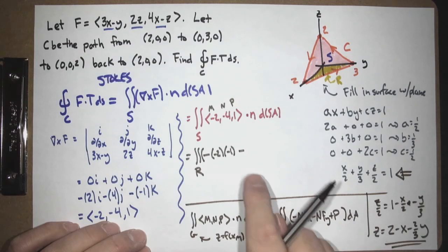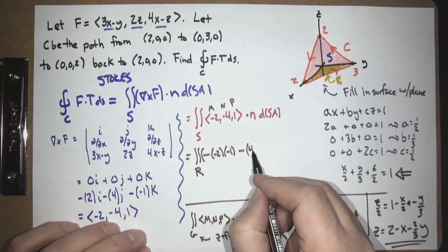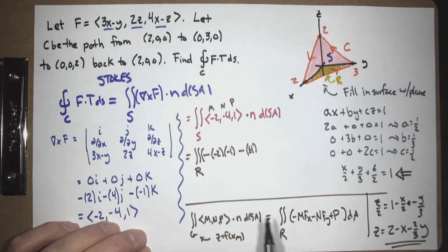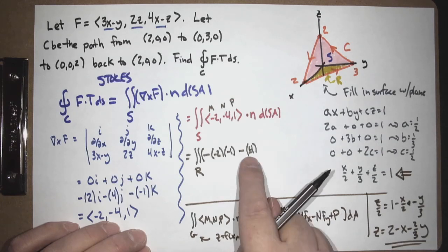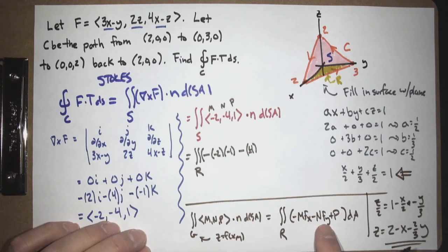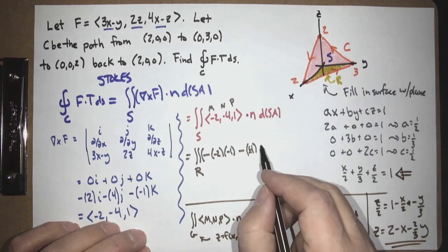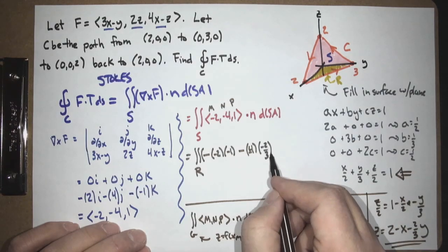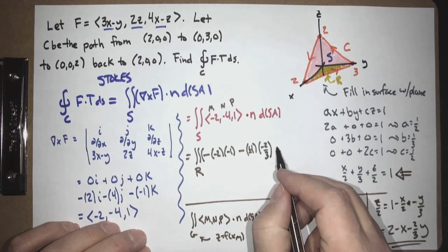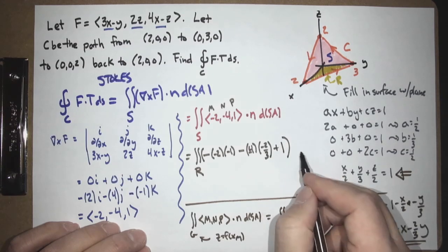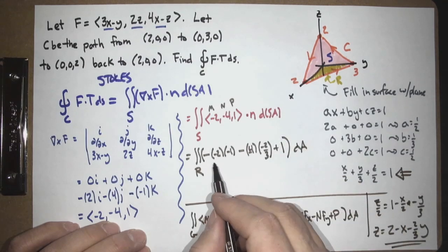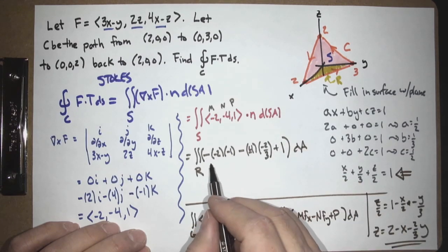Subtract N, negative 4. Whoops, there's a negative there. It's a very weird place, but yes, it's there. f sub y, negative 2/3, plus P, and dA.